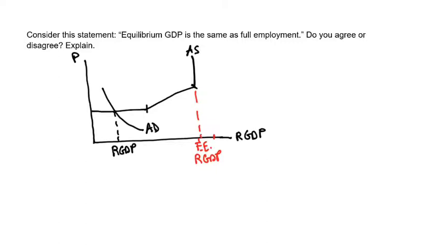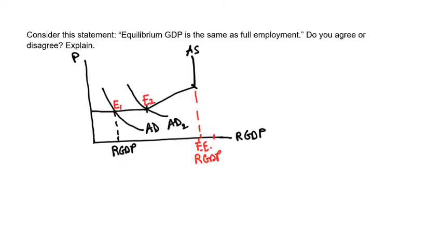This is our full employment, but the economy is in equilibrium below full employment, let's say E1. This economy can be in equilibrium, let's say, at E2. Let me mark this as E2.